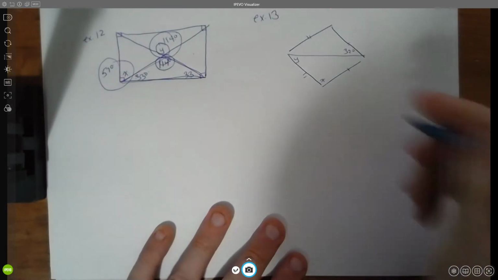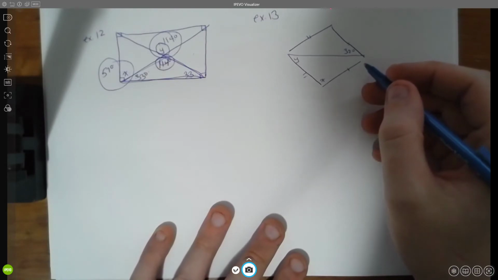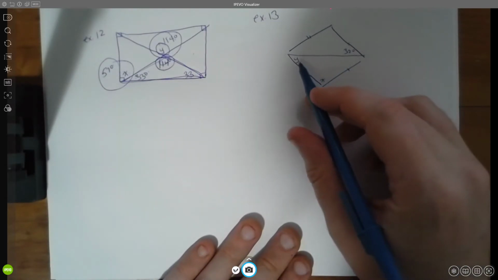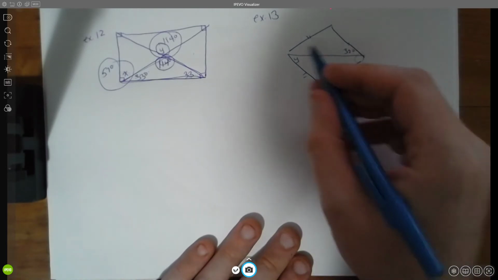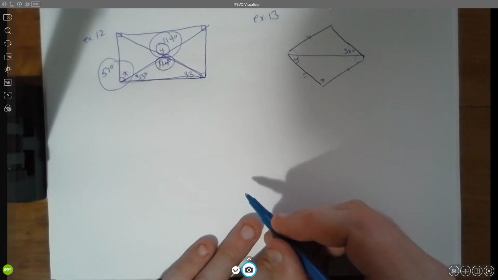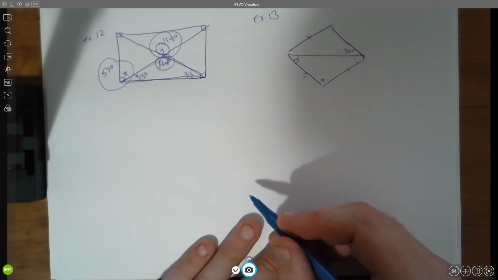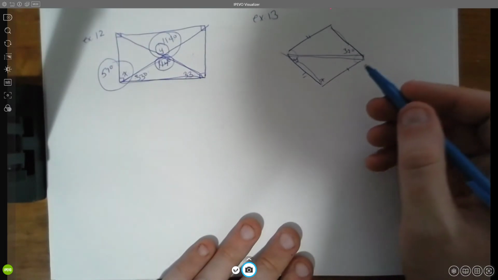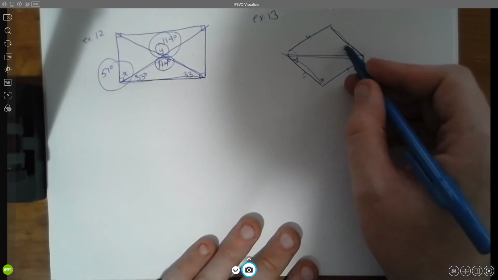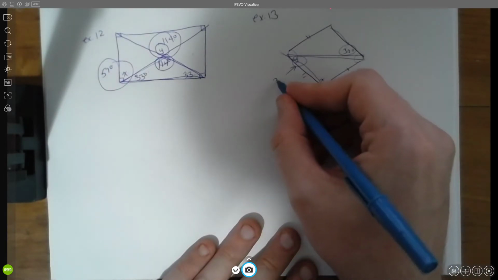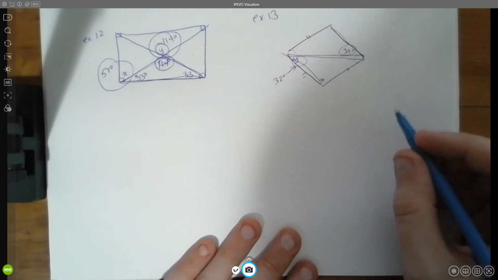So if this is 32 degrees, then we can use that information in order to figure out what this is. Opposite angles are going to be equal, and in this case it is, because these are the same side lengths, it's as if we created our Z pattern again. And so our interior angle, 32 degrees, is going to be the same as this y, which is also going to be 32 degrees.